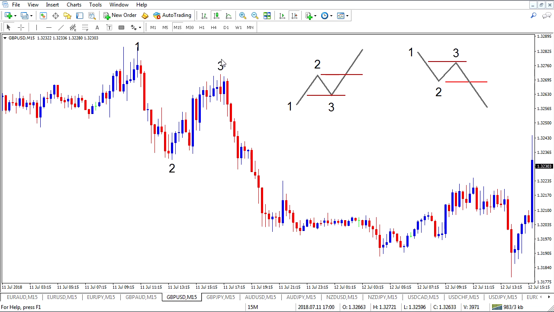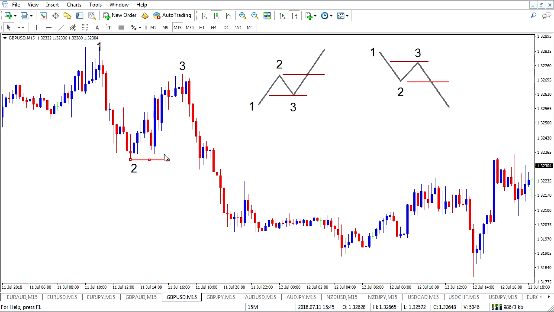Point 3 is the lower high, lower than point 1. And I'll mark off the bottom for point 2, extend that out a little bit. And then our entry would be 1 pip below point 2. And our stop goes above point 3. Our target is the same distance as from the entry to point 3.